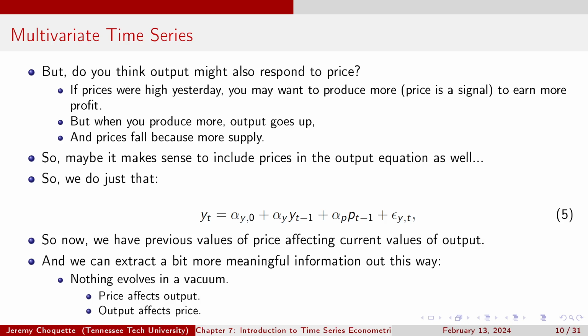And I can get more information out of that because nothing really evolves in a vacuum. Nothing evolves independently of everything else, right? There's always something affecting other things, and those other things affect other things, and they're affected by things and all that, right? So in this case, price affects output, output affects price. And you got demand and you have supply. There are relationships in both the demand function and the supply function between output and price.